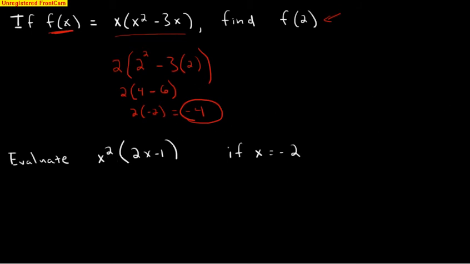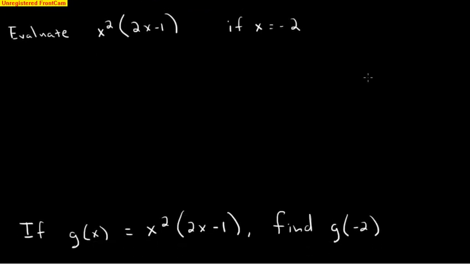What this is like, we've had these problems before. Functional notation is just like this problem. Here we've got evaluate x squared times the quantity 2x minus 1 if x equals negative 2. We've done problems like this before, and we said, okay, plug it in.